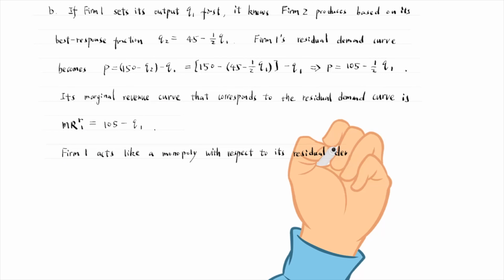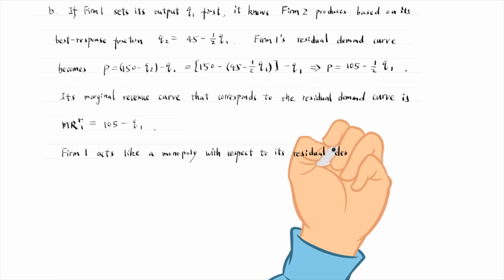Substituting the Stackelberg leader's quantity into the Stackelberg follower's best response function gives the follower's output of 22.5. The market output is 67.5. The market equilibrium price is $82.5.